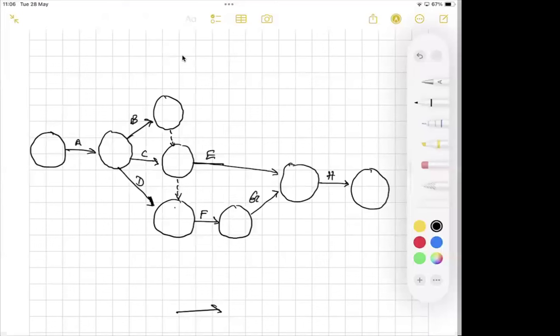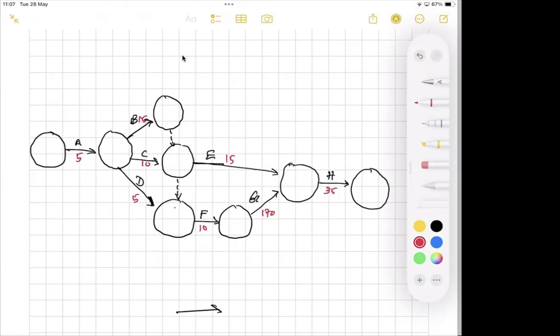Then you can put the duration of those activities. Activity A duration is 5 days, B 15, C 10, D 5, E 15, F 10, G 170, H 35.